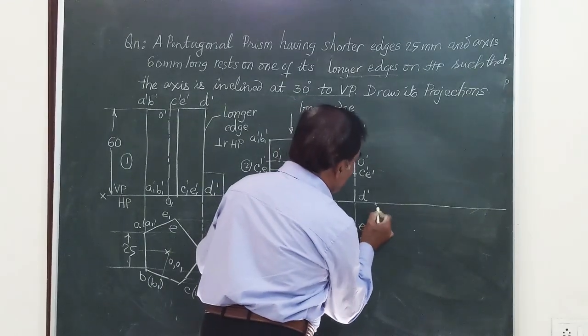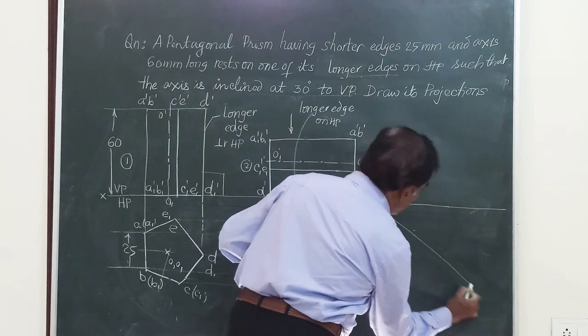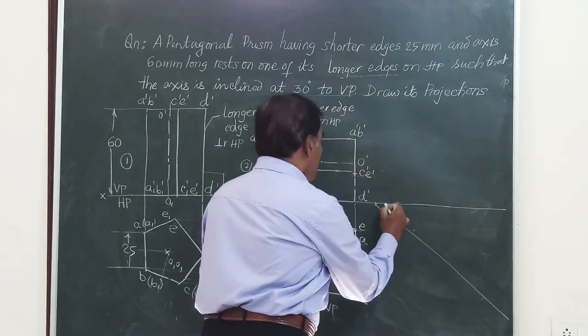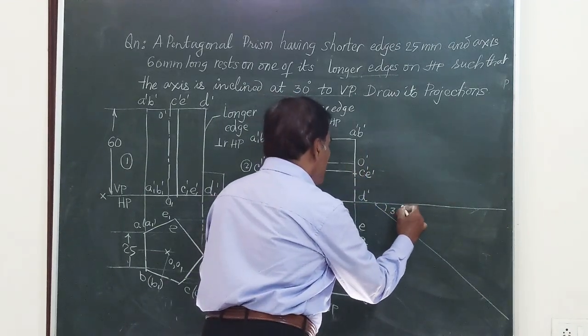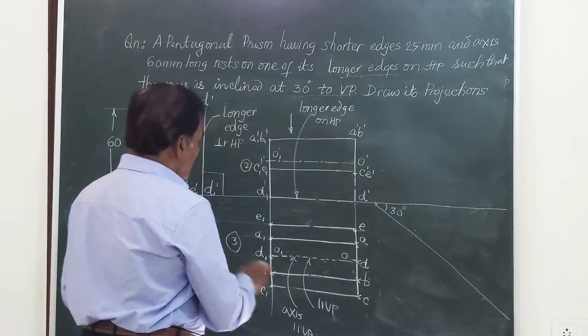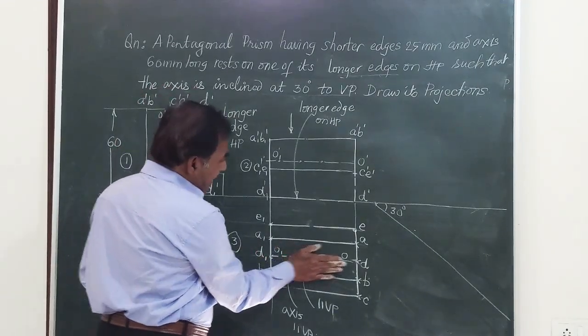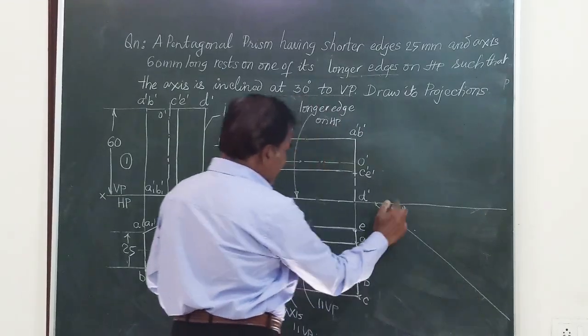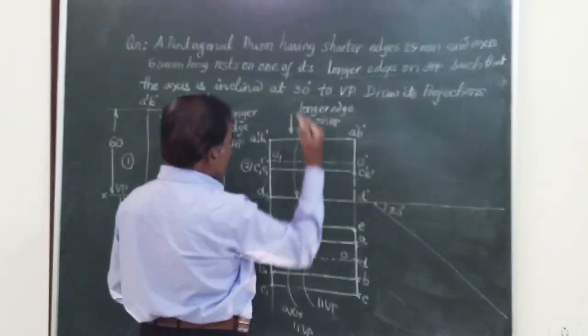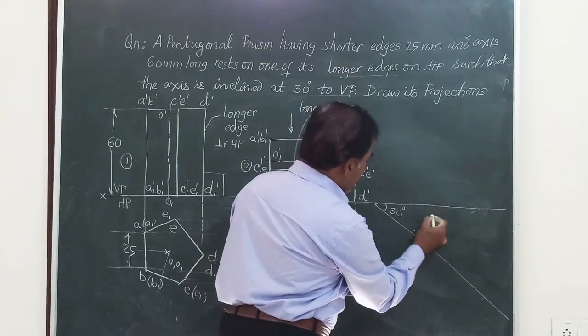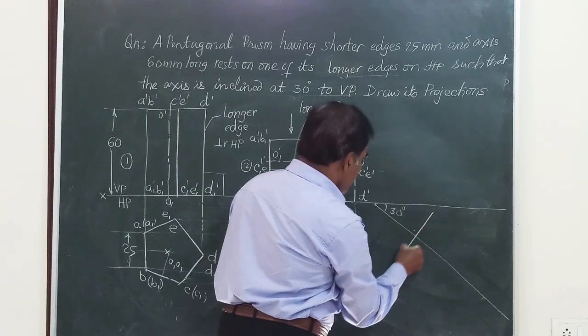So I'll just take some point, mark a line here at an angle of 30 degrees on which the axis is going to lie. So this figure number 3, I am going to keep like this at an angle of 30 degrees and obtain the corresponding front view finally. So I will construct the figure like this.